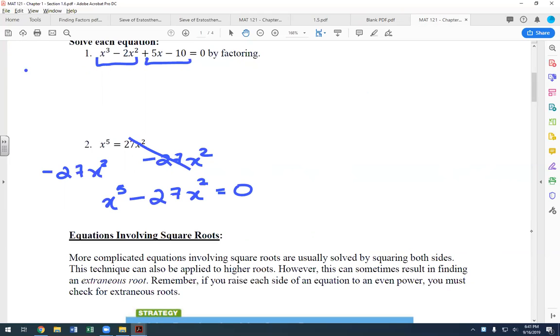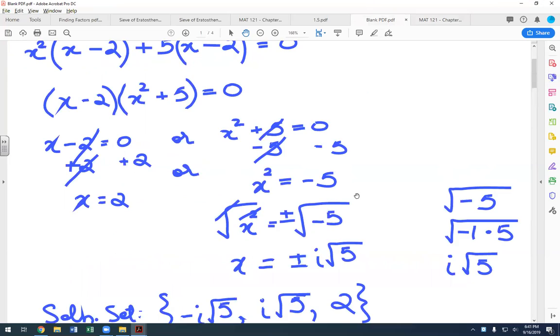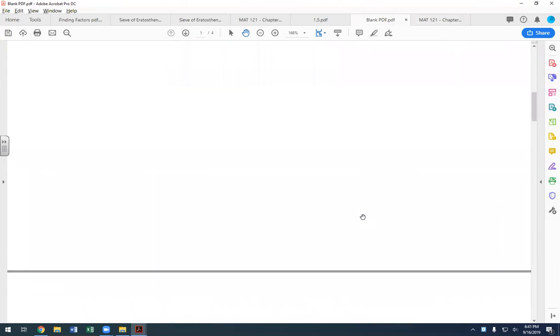Now what can we do to solve that? You've got x to the 5th minus 27x squared. Can you factor it out? Yeah, that's where I would start.